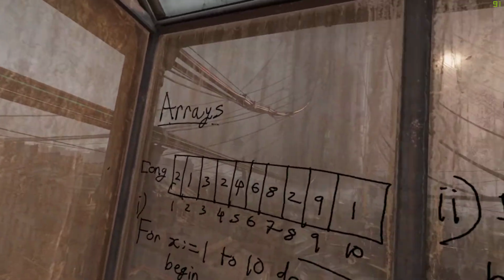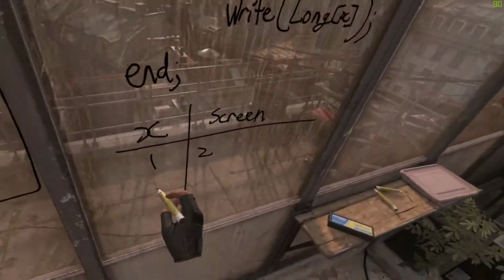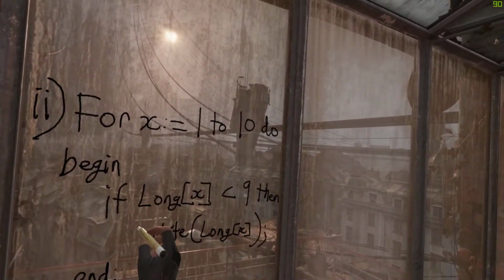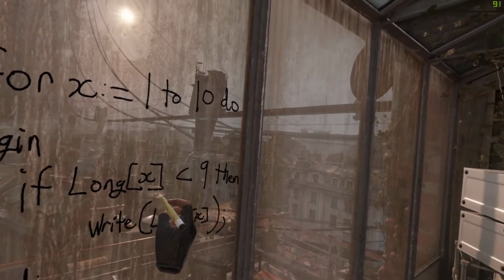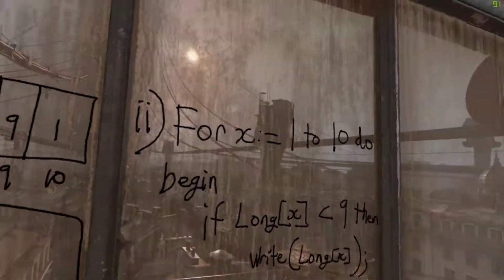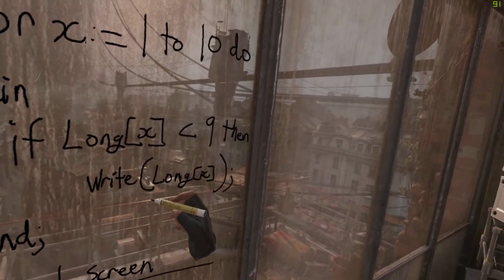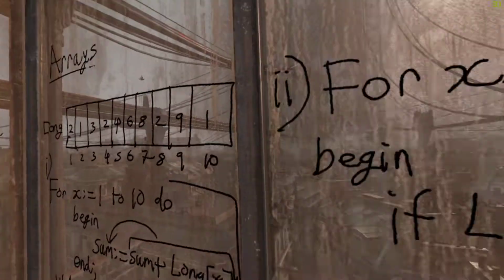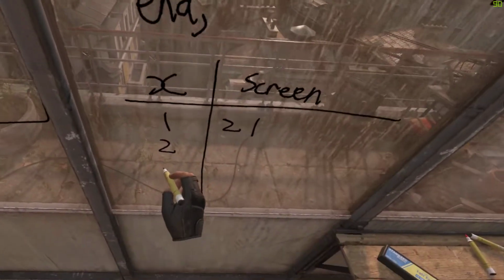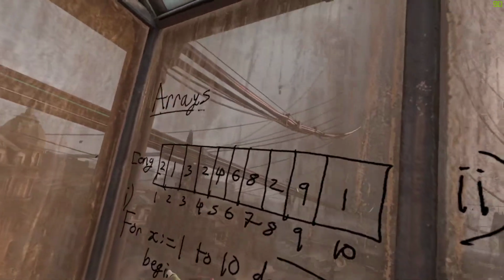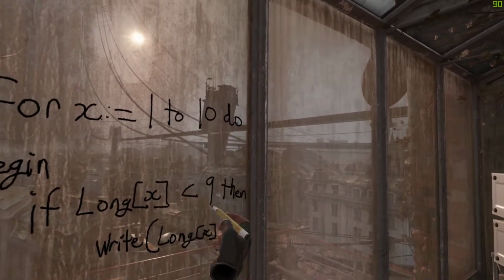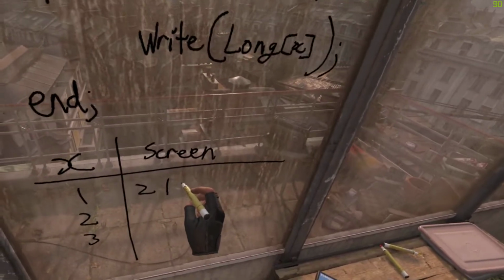X becomes 2, so we go in now. If long location 2 is less than 9, yes, long location 2 is 1. That's 1 is less than 9, so we print long location 2. So on the screen we print out 1 as well. X becomes 3. Location 3 has 3 in it. We check if long location 3 is less than 9. 3 is less than 9, so we print out 3.